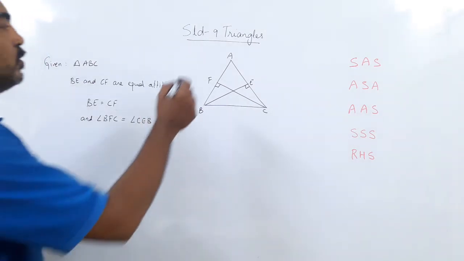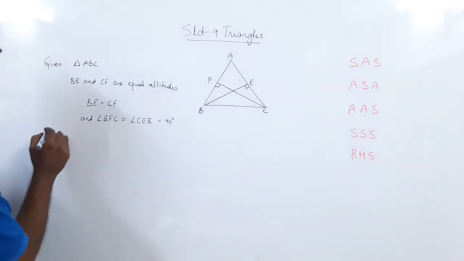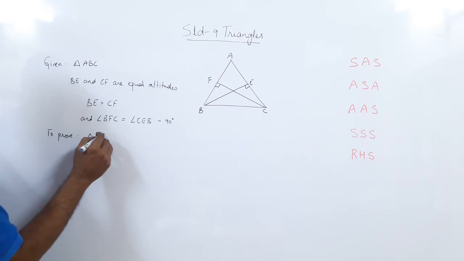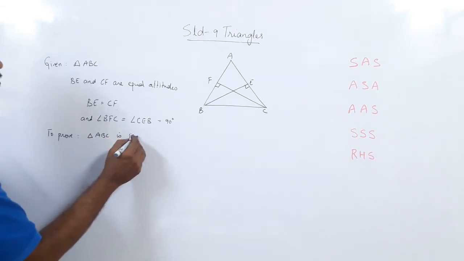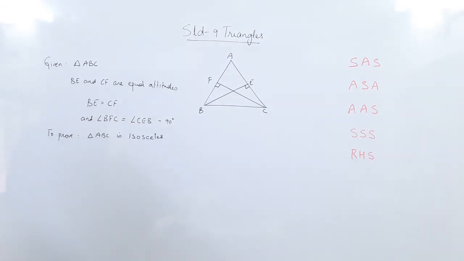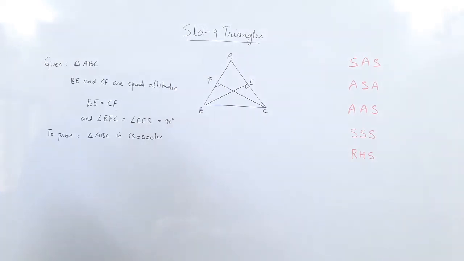We have to show that ABC is an isosceles triangle. Okay, we have to prove that triangle ABC is isosceles. Now to show ABC is isosceles, we have to show that two sides are equal. Any two sides of triangle ABC are equal, we have to show.